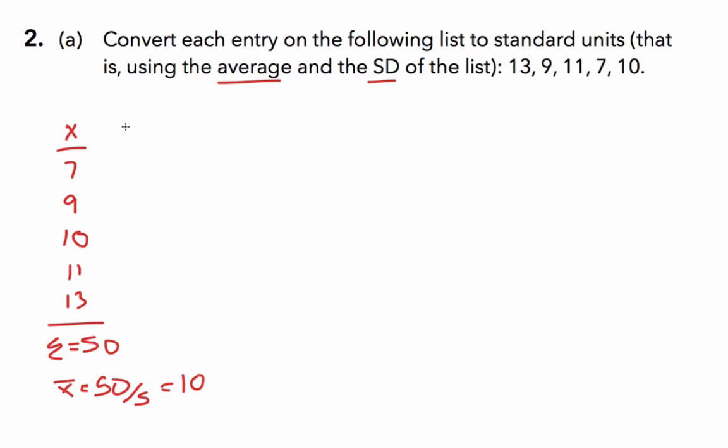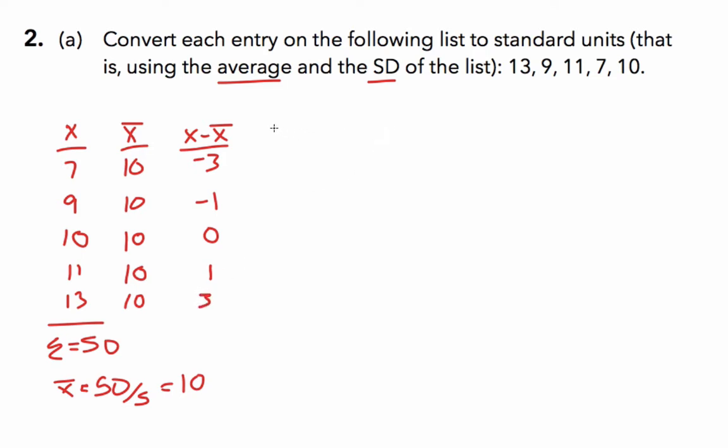We can write a second column containing x bar values for each observation. And then we subtract the mean from each observation. This gives us negative 3, negative 1, 0, 1, and 3.